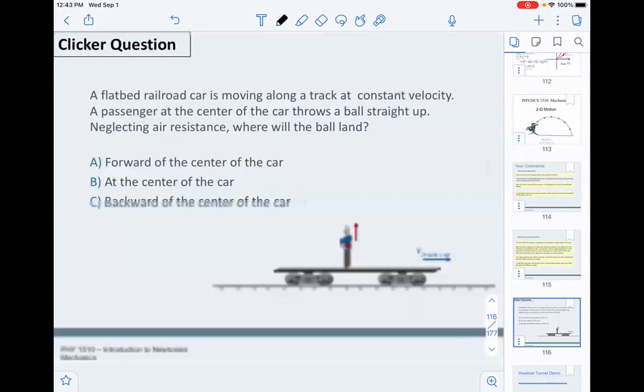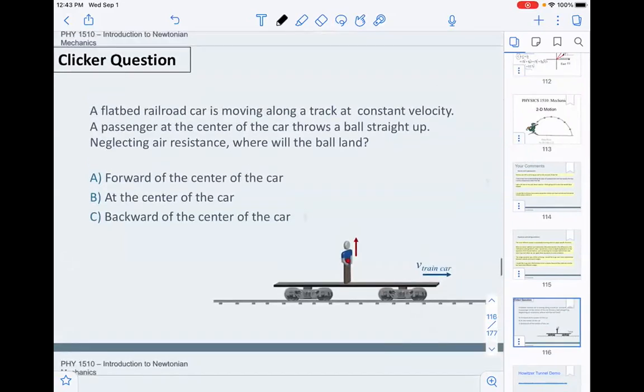I want to start out with a clicker question, just to get our intuition on these types of problems. Now, for example, if you have a train cart going with a constant velocity forward, and you're standing at the center of the car and throwing a ball up and down, right?